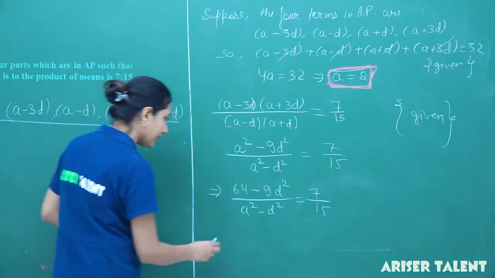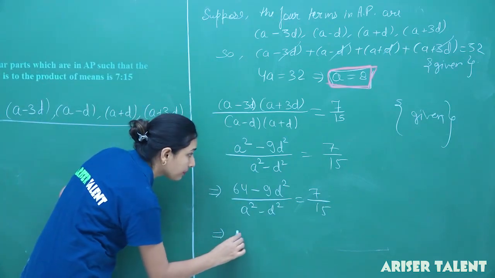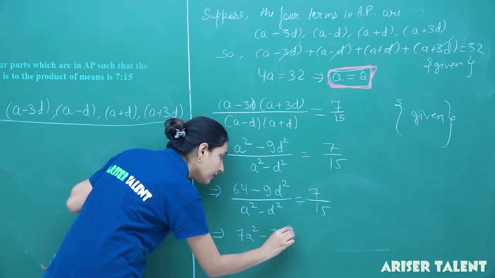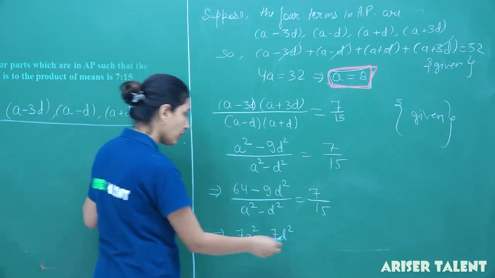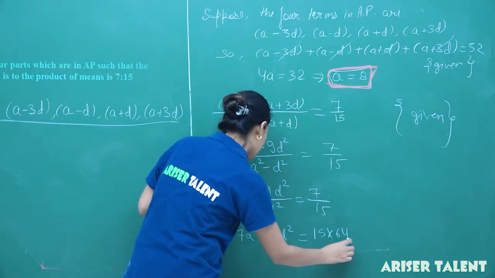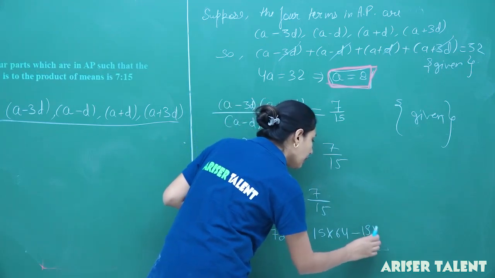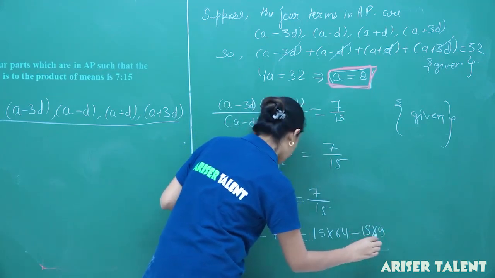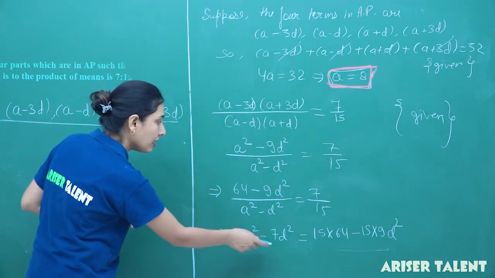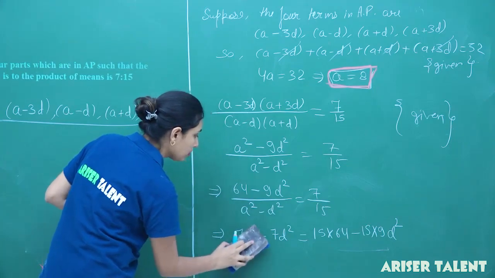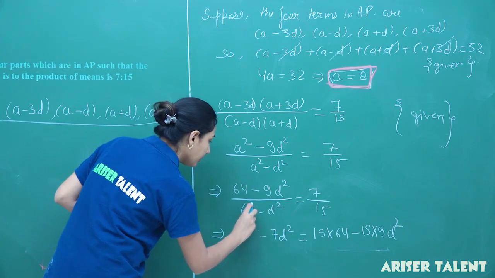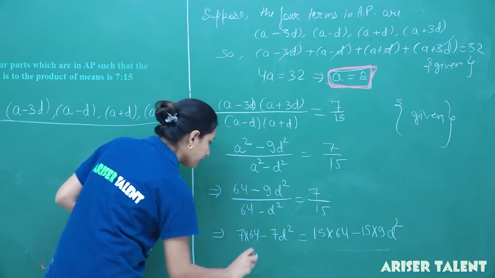By cross multiplication, you will find 7 times (64 minus D square) equals 15 multiplied by 64 minus 15 multiplied by 9D square. Okay, this is A square, which is actually 64, right? So 64 here.